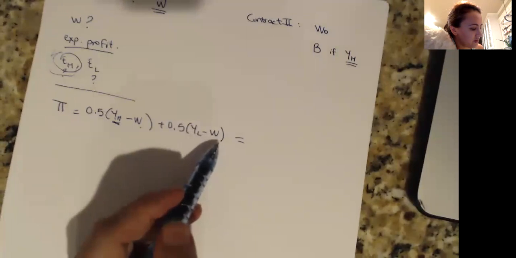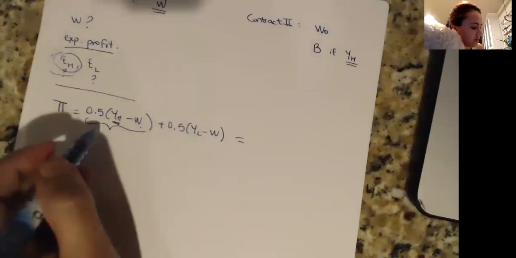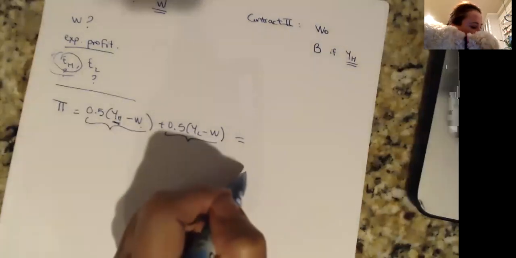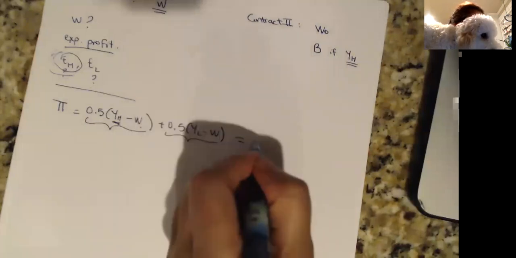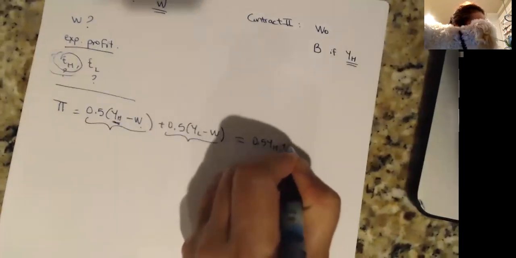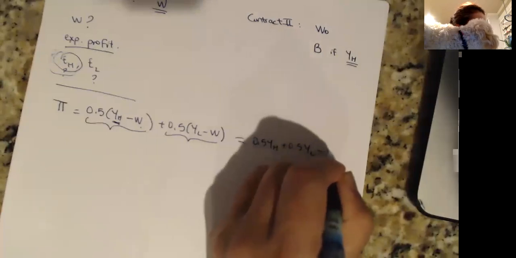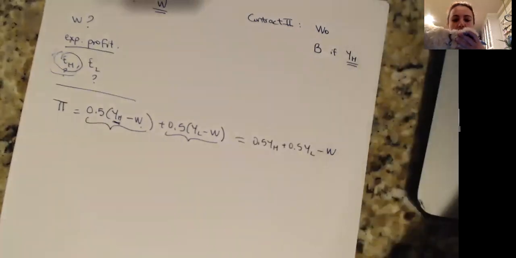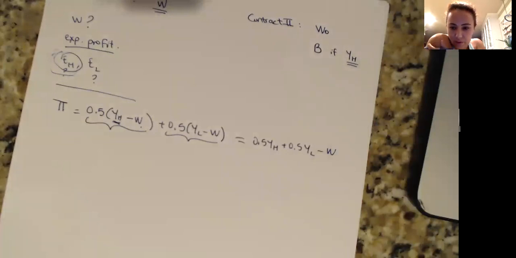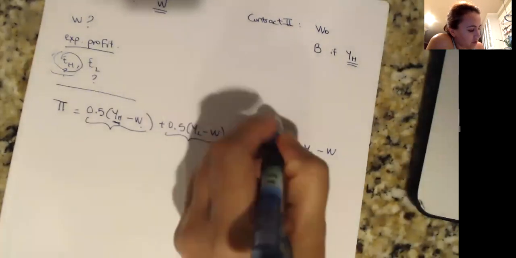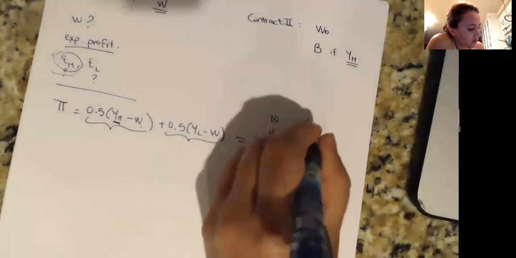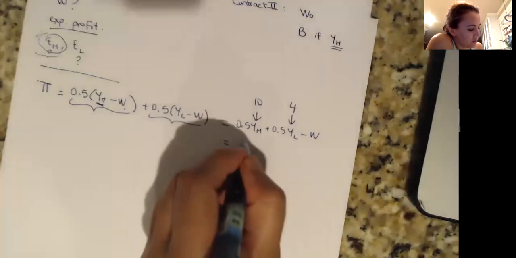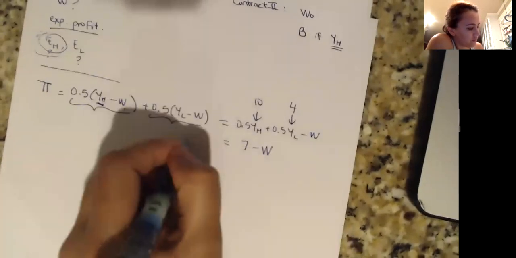When you simplify this, the first part is if the output turns out to be high, the second part is if the output turns out to be low. You get 0.5 YH plus 0.5 YL minus W. And I already know YH and YL. YH was 10, YL was 4. So this is 7 minus W.